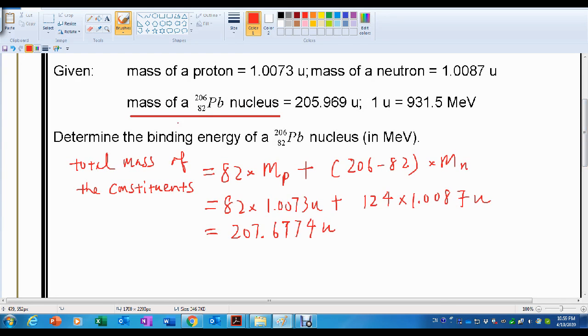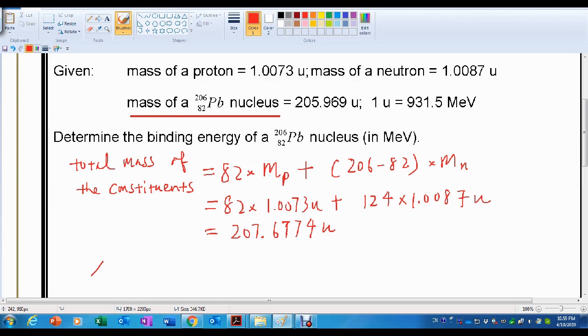So that's the total mass of constituents. Let's compare with the mass of the nucleus. Which one is heavier? The constituents. That's correct, because we always know that the total mass of constituents should be greater than the mass of the nucleus itself.